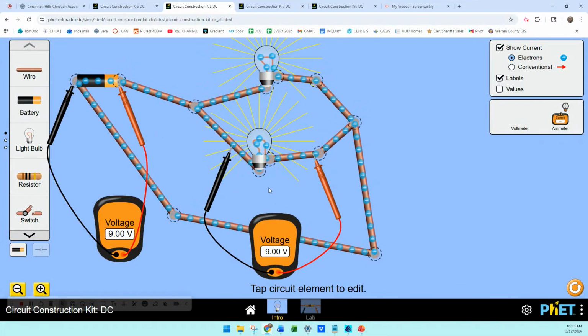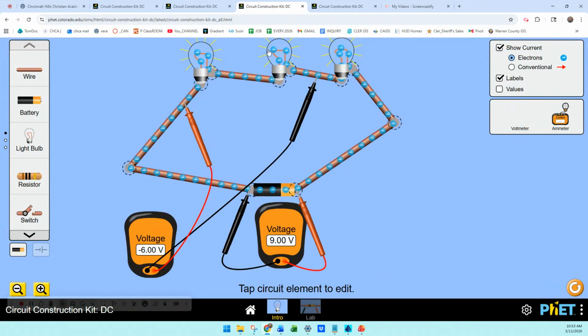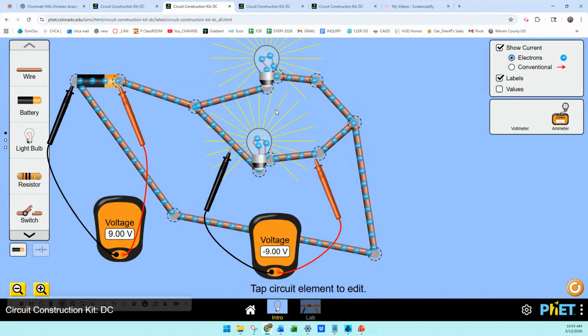You should notice the voltage drop is basically the energy being consumed, which would be represented by the brightness. Remember how these were 3 volts, not as bright, 9 volts, really bright. So this voltage is very much connected to the energy being consumed from our power equation, but we're not going to talk about that right now.